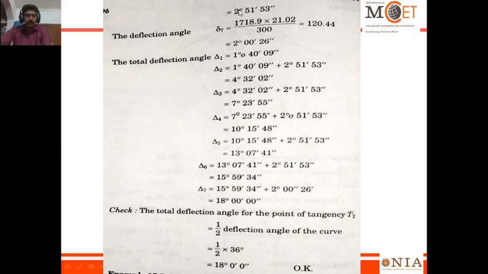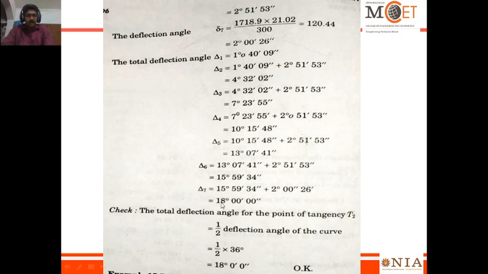It is 2 degree 51 minutes 53 seconds, and the last one with 21.02 subchord, you will obtain 2 degree. So this del 1 is equal to small del 1, del 2 is del 1 plus del 2, del 3 is del 1, del 2, del 3. Similarly, you can obtain all the del.